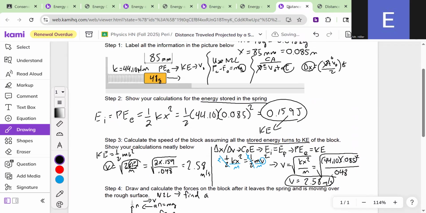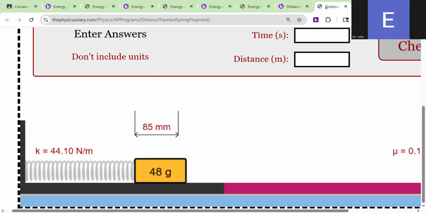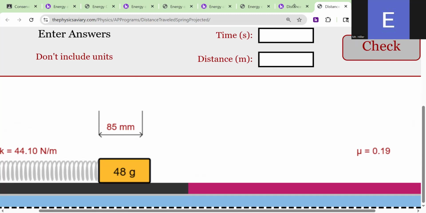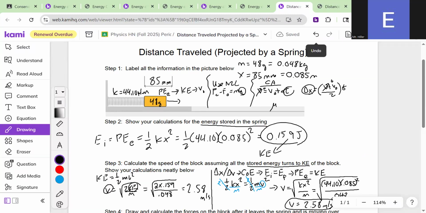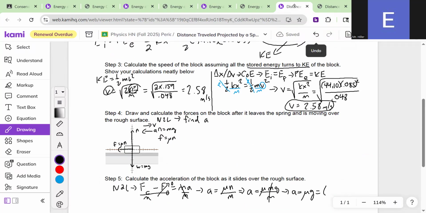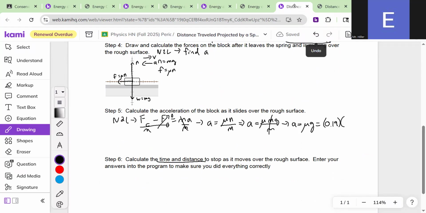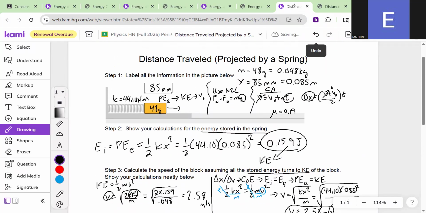Mu, I don't even know if I recorded my mu. I did not record my mu. So make sure you record yours. Mine is 0.19. So mu is 0.19. I'm going to use it in my calculation now. I need to make sure that my g is given in the problem because I can't assume it's going to be 9.8.